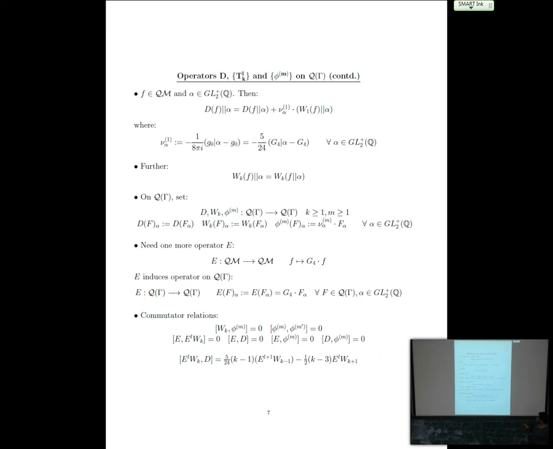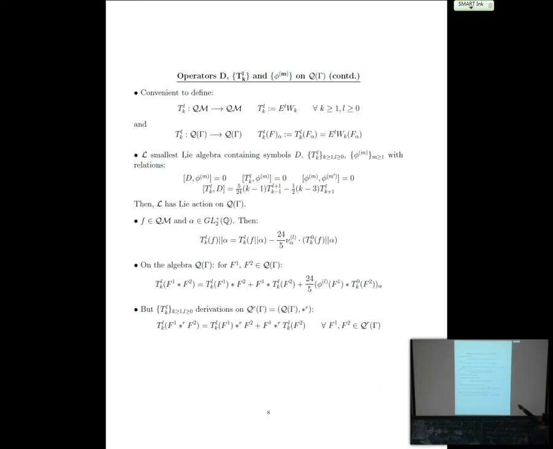Now, as you can see, in order to simplify this thing, what we really need to do is put the E and the W together. So what we really want is those operators Tk. That is, I take Tkl equals E to the L Wk. I just put them together. This is just making it shorter, reducing the number of things up there. So now we just have this Lie algebra, and on top these are 0, of course, and this is the main relation.